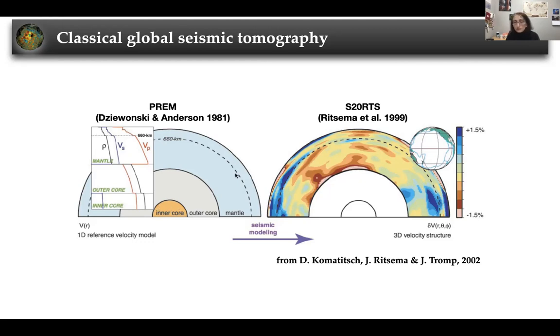So typically, body wave travel times or surface wave group and phase velocities, normal mode splitting functions, and some of the waveforms of S waves and surface waves have been incorporated in imaging to try to improve the data coverage. And another important aspect is that most of the global mantle models have crustal corrections.